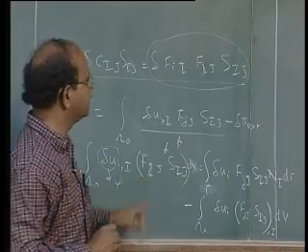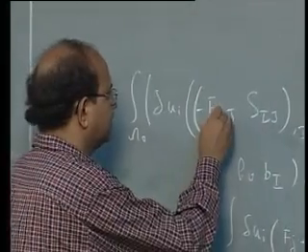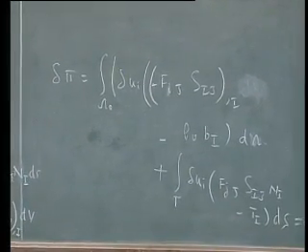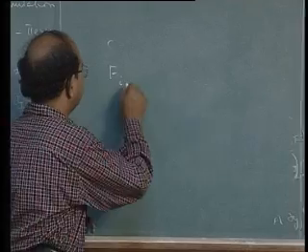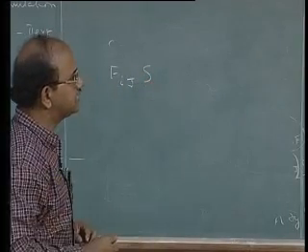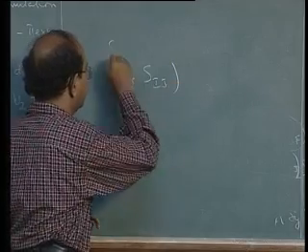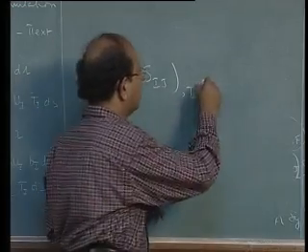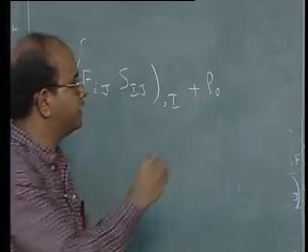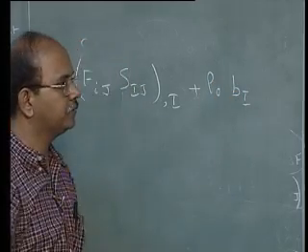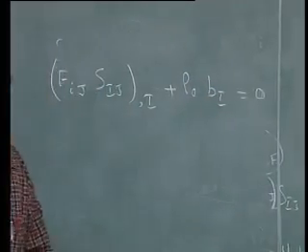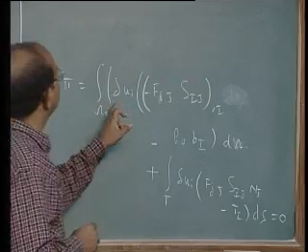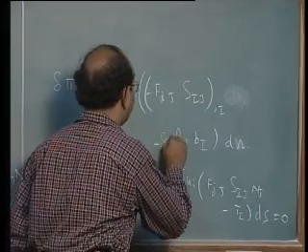This is I. This is I. This is I. So the first equilibrium equation can be written as f ij s ij comma I plus rho 0 bi equal to 0.